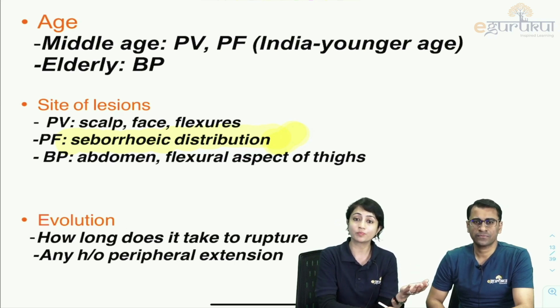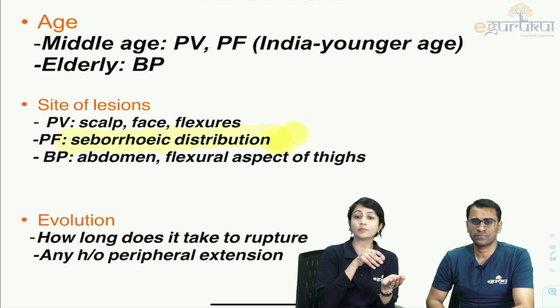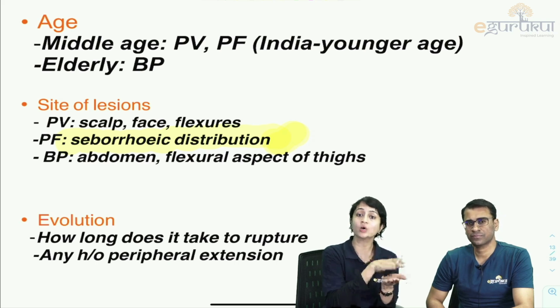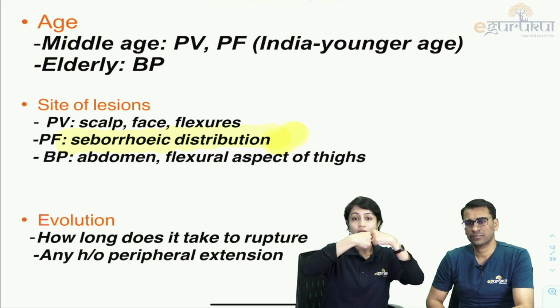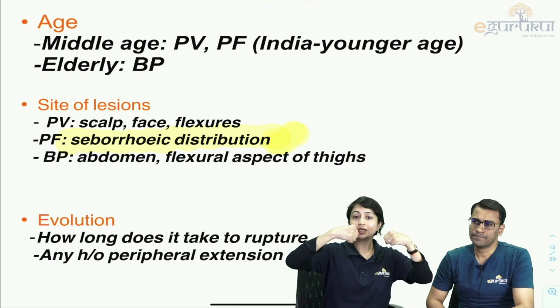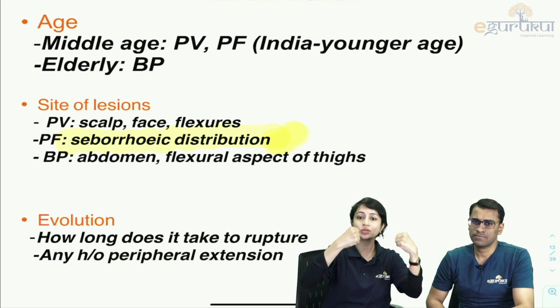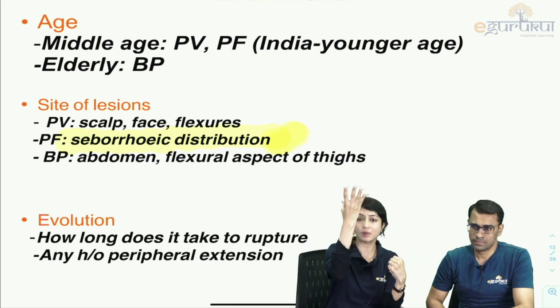Then a pemphigus patient typically will give you a history, and you can even see that the bulla is extending. There is a peripheral extension of the erosion. Why does that happen? As we told you, there are keratinocytes bound by cementing substance. Now, they are getting separated, but not as soon as they separate do we see a vesicle popping out.